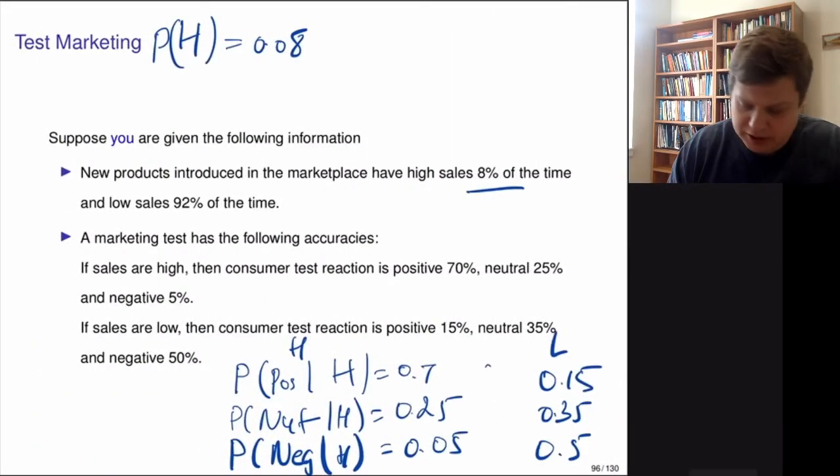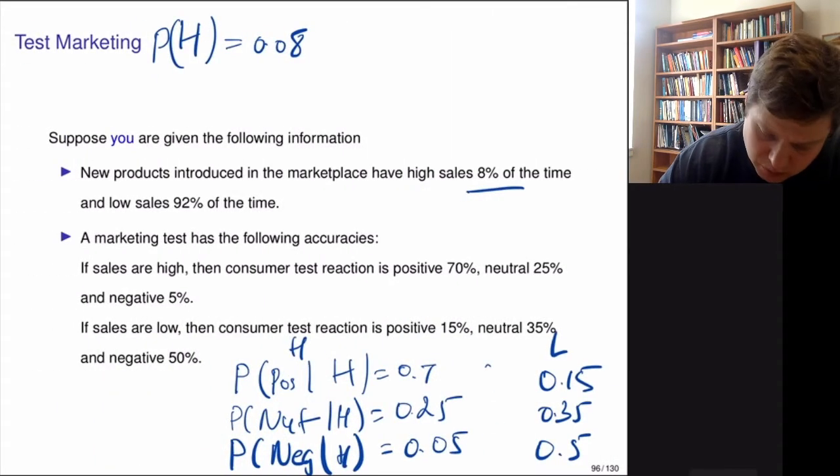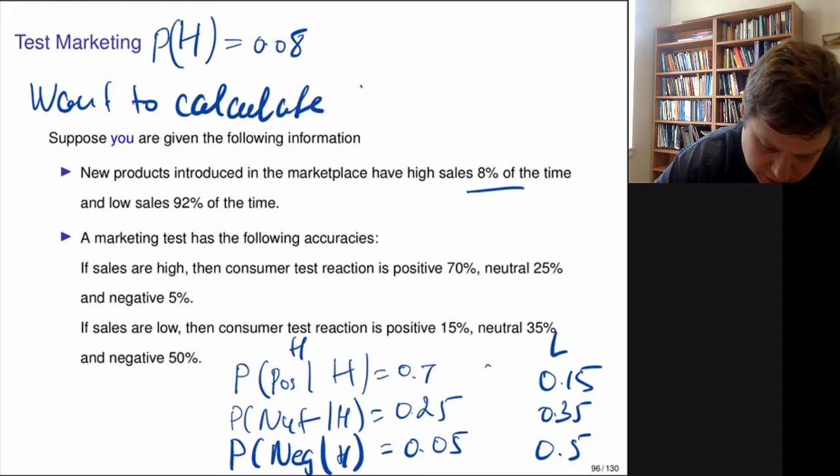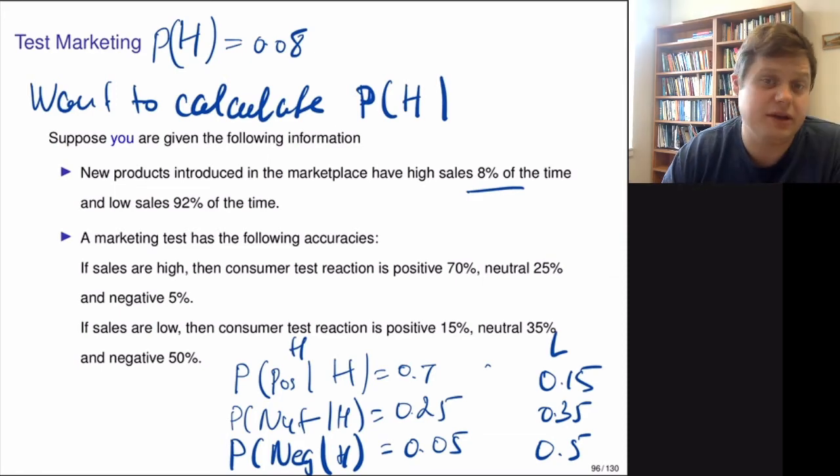What essentially we are interested in is to calculate the probability that the product will have high sales given the reaction of the focus group.